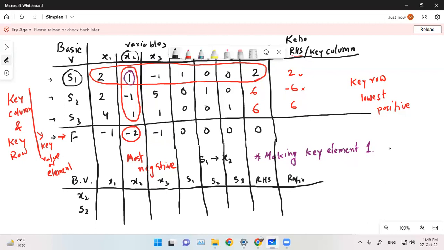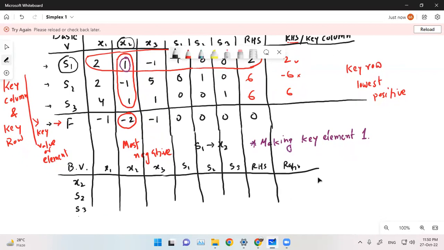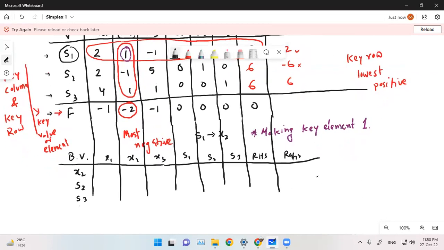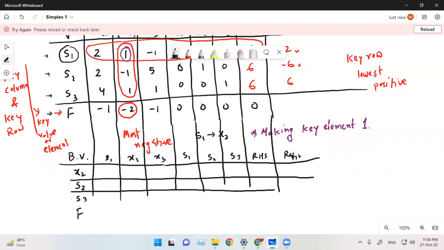And S2 will be remaining as it is, and S3, and finally your F. Okay, so since the basic element is already 1, we don't have to do anything. In the next problem, we'll try with one example so that you can see how the value is actually converted into 1.